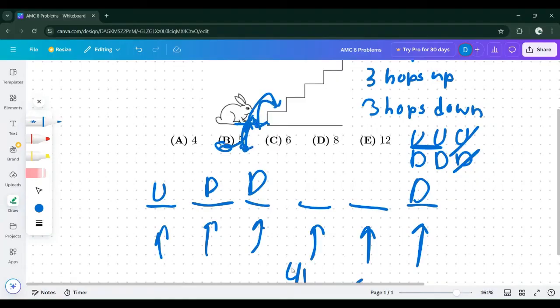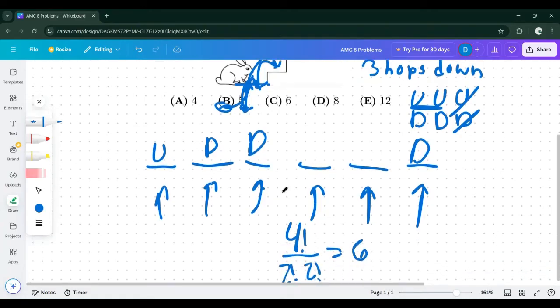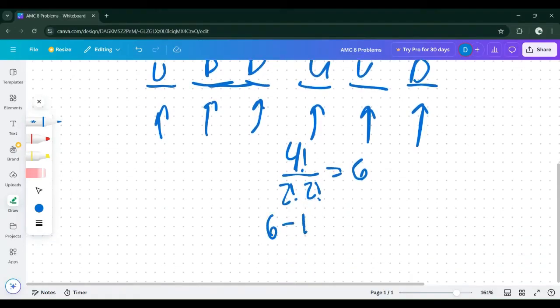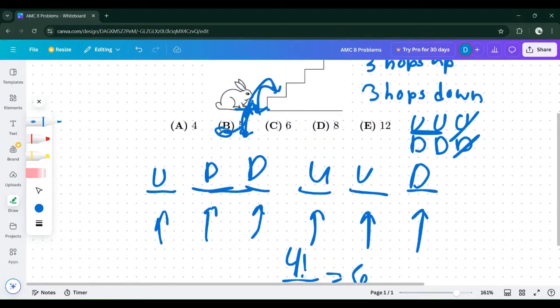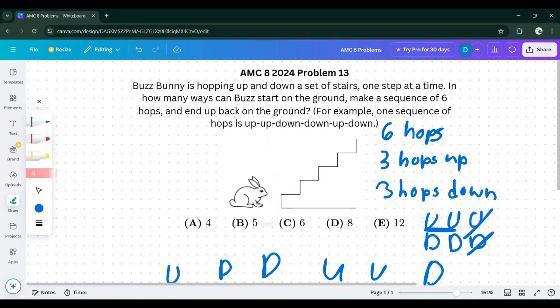That won't work. And thankfully, there's only one arrangement that has that, which is these 2 D's and then these 2 U's afterwards. So we have to subtract 1 and we get 5. So there's 5 sequences which work, and the answer would be B.